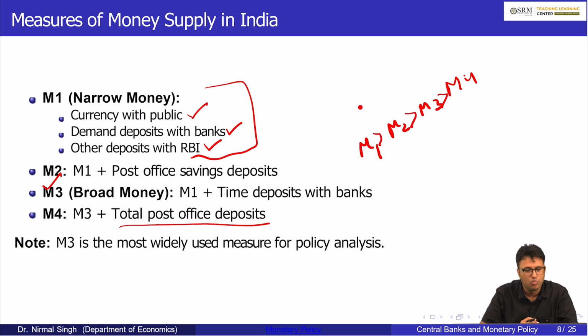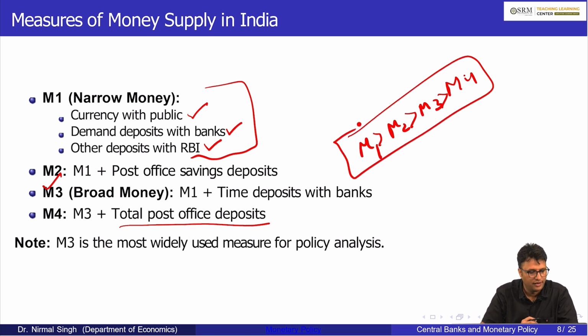So M1 is the most liquid and M4 is the most illiquid measure of money supply. This is important. As we go ahead, we need to understand that different measures of money supply differ in liquidity, and how this liquidity gives us different measures of assessing the total volume of money supply in the economy.